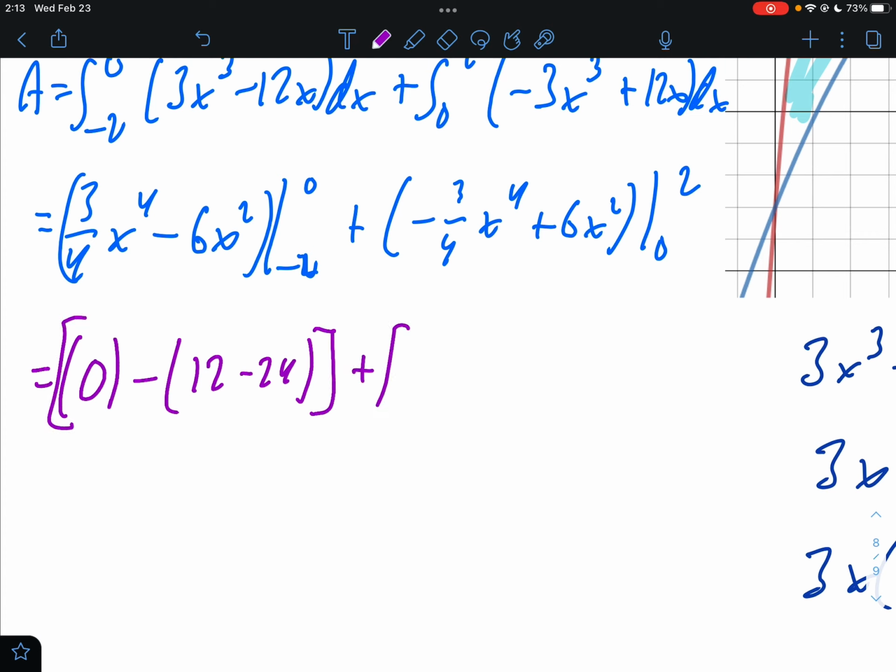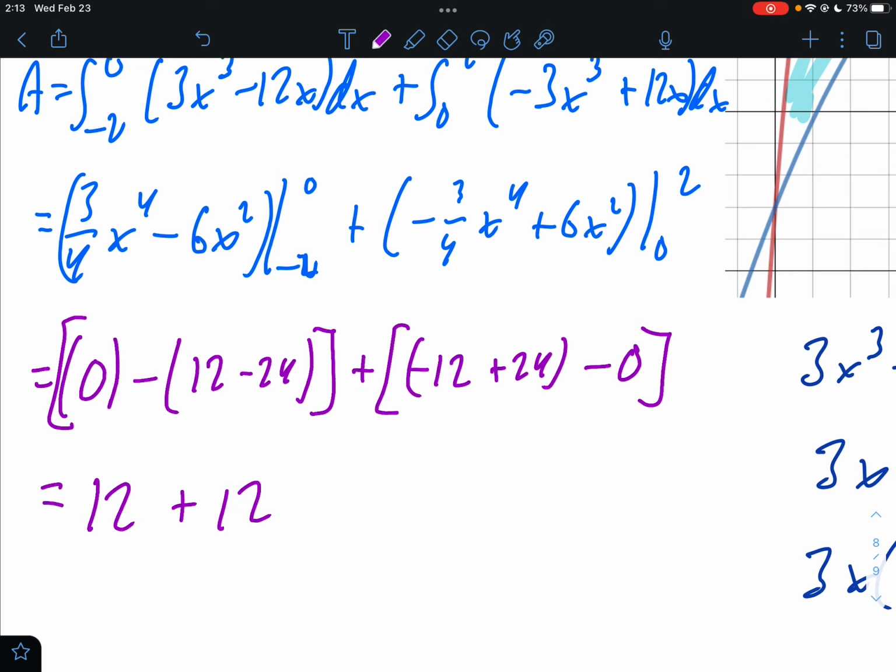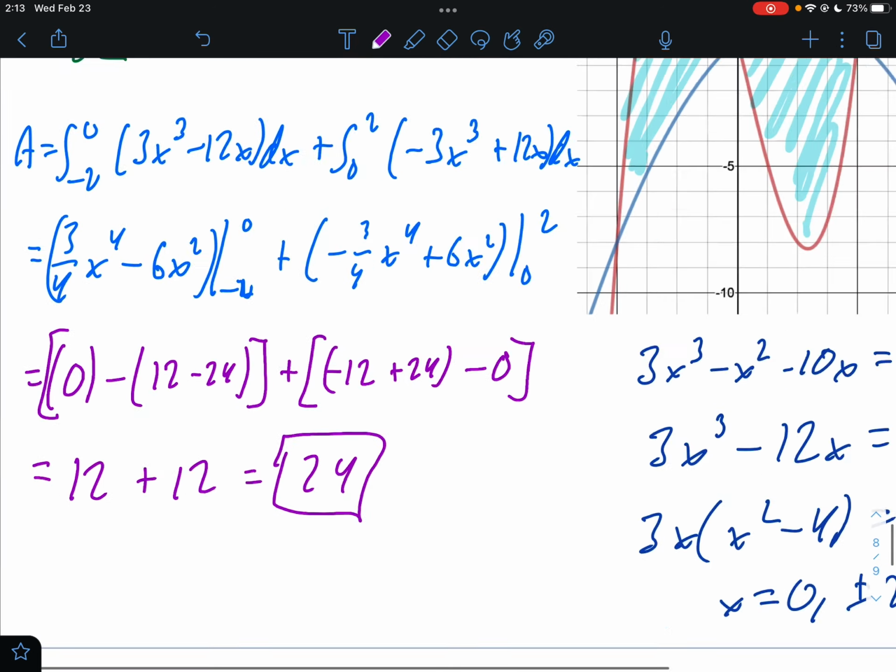Plus, putting 2 in over here, so 2 to the 4th is 16, times negative 3/4 is negative 12, plus 24, minus 0. So we would get negative 12, which is 12 plus 12, for an answer of 24 units.